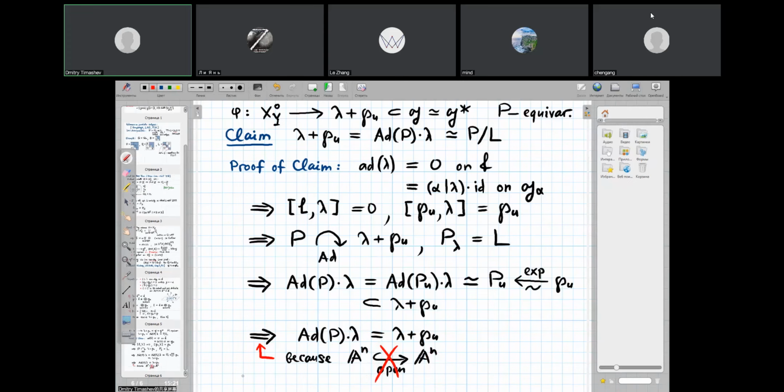Yes, you have proved the claim. Well, I still want to ask, why is the adjoint action of lambda 0 on T? Because lambda belongs to T, and T is commutative.